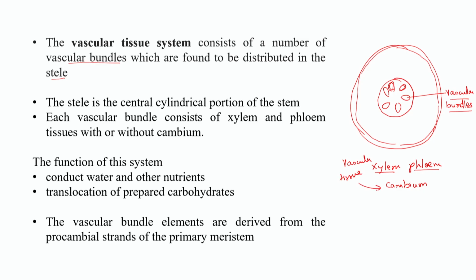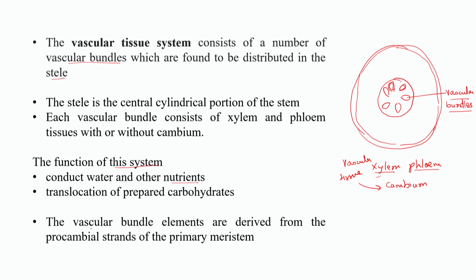However, cambium may or may not be present. Now the function of this system is definitely conduction. We have already discussed that xylem conducts water and minerals from the root to the different parts of the plant, whereas phloem conducts the prepared food, or the carbohydrates, even to the roots, to the lateral branches, flowers, and to every other part of the plant.